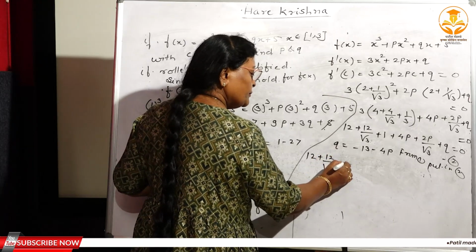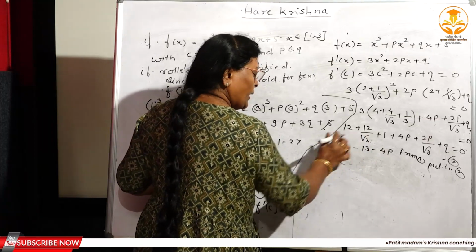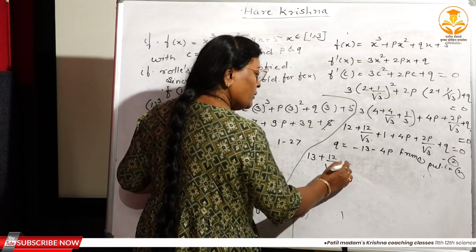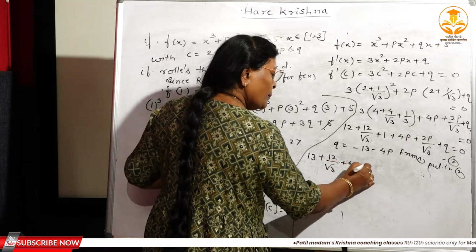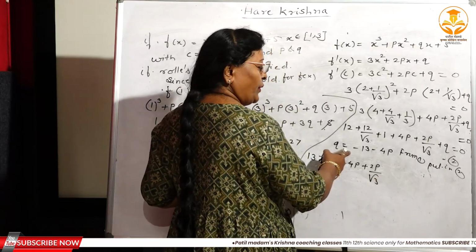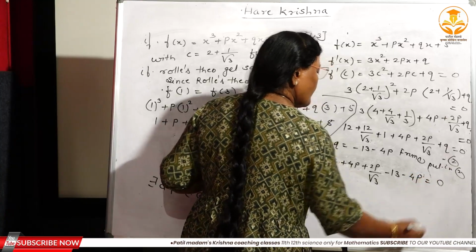Again 1, or 1 plus 12 you can write as 13 plus 12 divided by root 3. Again 4p plus 2p divided by root 3. And here what is the value of q here? That is minus 13 minus 4p. It is equal to 0.